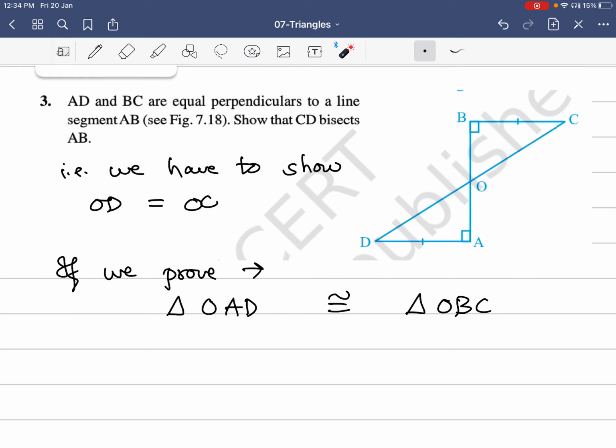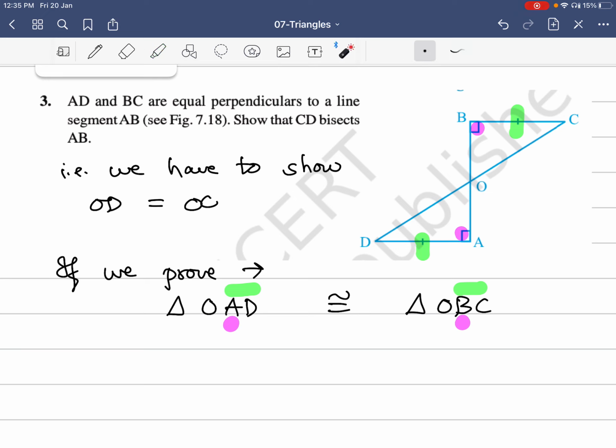As you can see, we already have some information. First, we know these two angles are congruent, so I'm going to mark here A is congruent to B. Then the second thing known is AD is congruent to BC. Now we just need a third thing to prove that these two triangles are congruent.